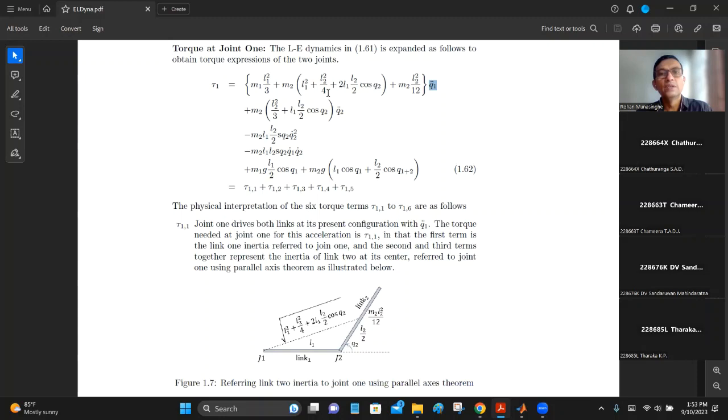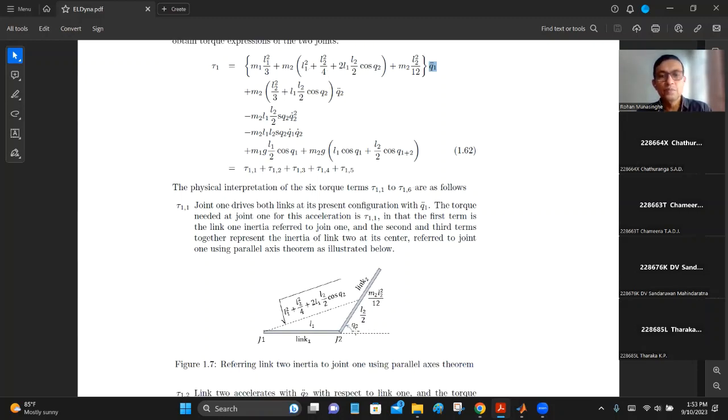What about the other terms? If we look at this term over here, the entire thing, the second link is this far away from J1 point: L1 square plus L2 square over 4 plus 2 L1 L2 by 2 cos Q2.